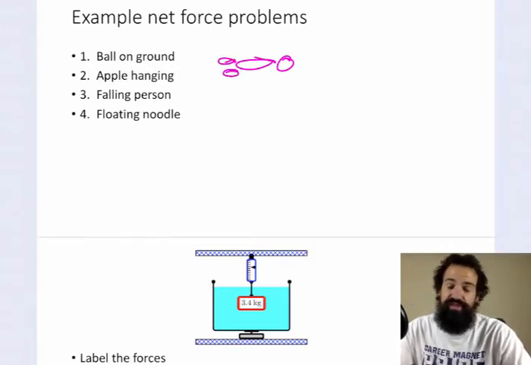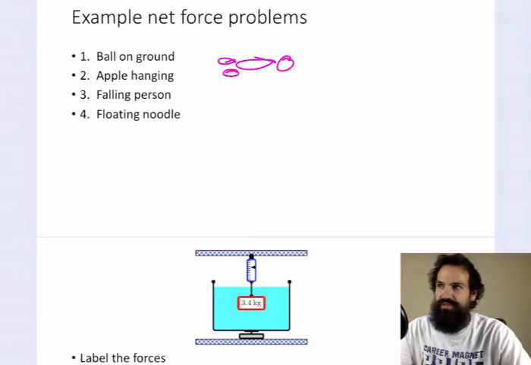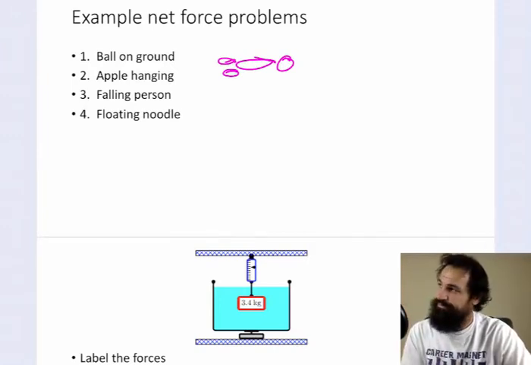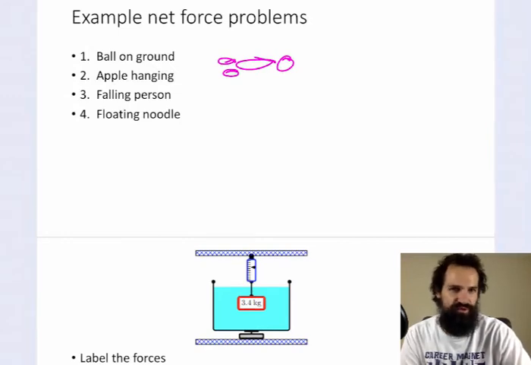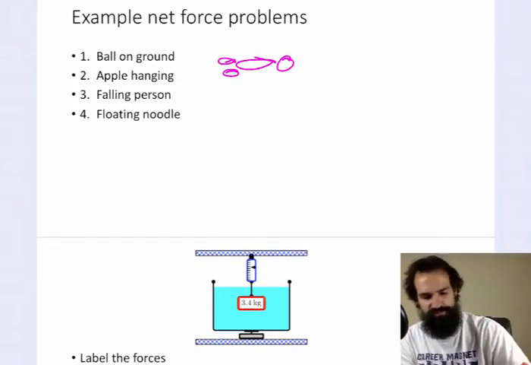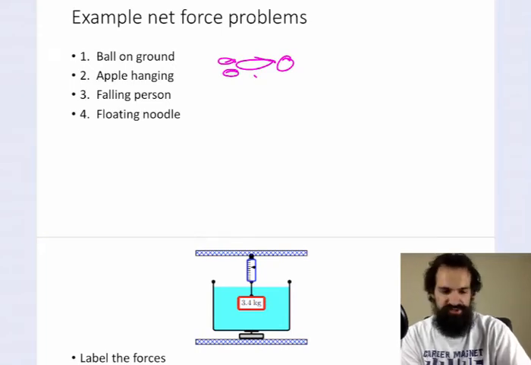And for the sake of this one, before you jump into it, I'm going to go ahead and break the rules and say assume that there is no air resistance in this problem. Challenge yourself and see if you can work through this problem assuming there is no air resistance. All right, I'm going to jump into it.